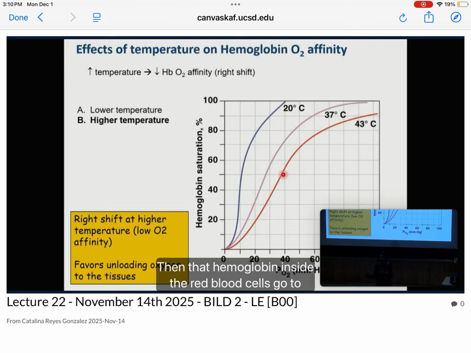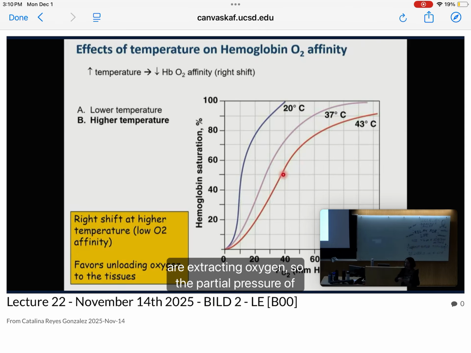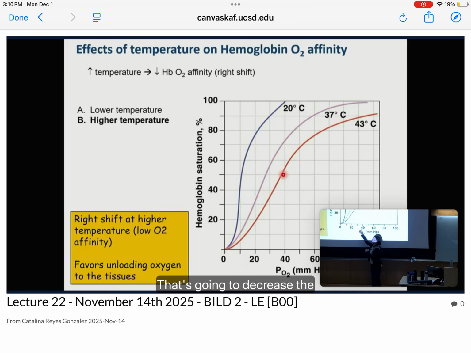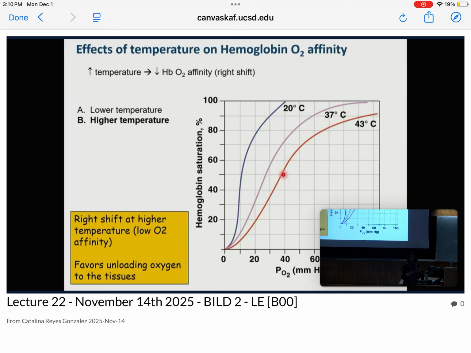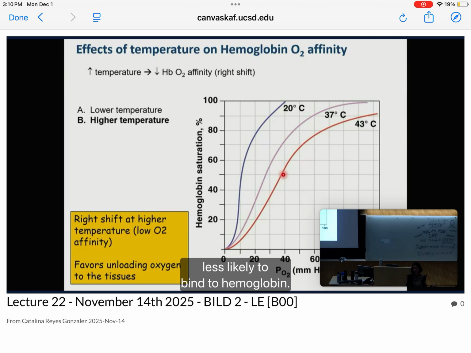Then that hemoglobin inside the red blood cells goes to the tissues, and at the level of the tissues, the cells are extracting oxygen, so the partial pressure of oxygen already decreased to 40 millimeters of mercury. That's going to decrease the hemoglobin oxygen saturation. Law of equilibrium. There's less oxygen there, less likely to bind to hemoglobin.